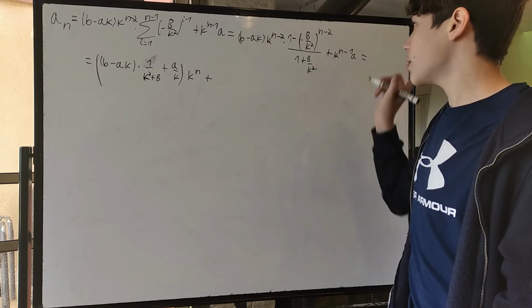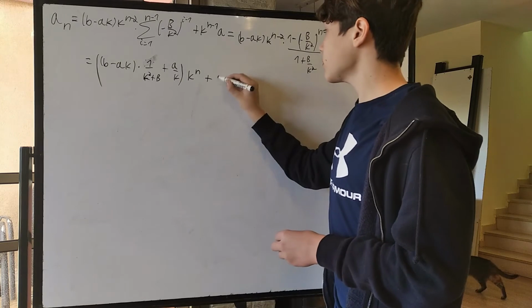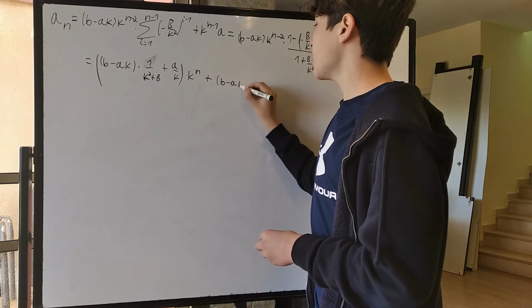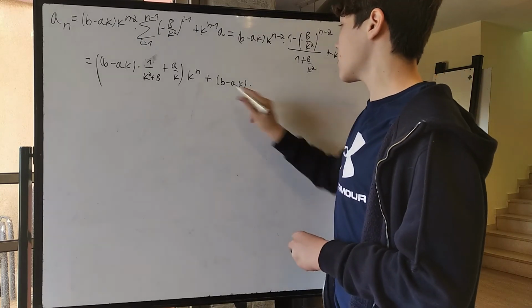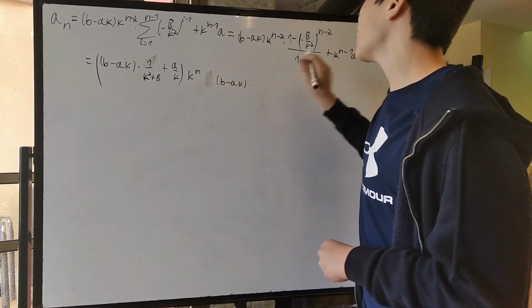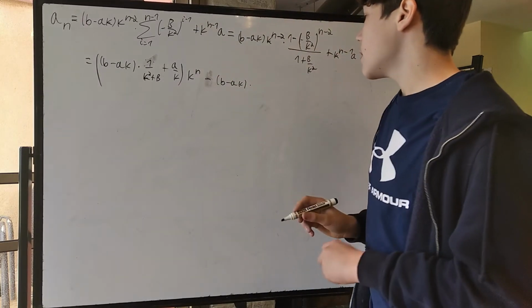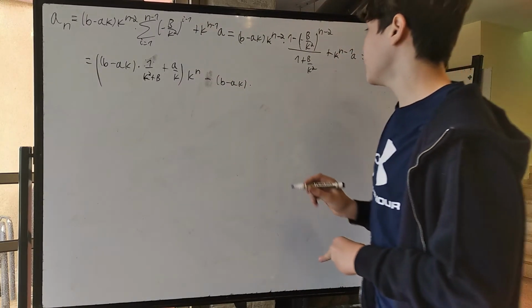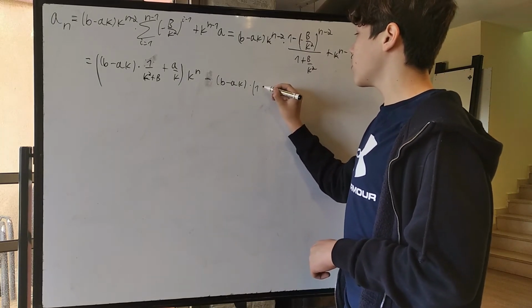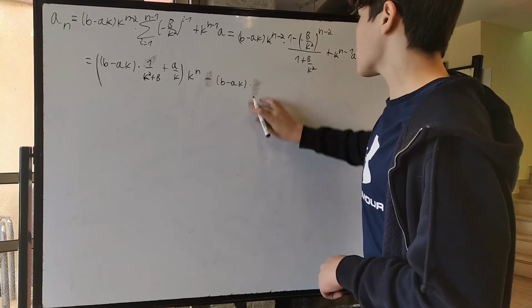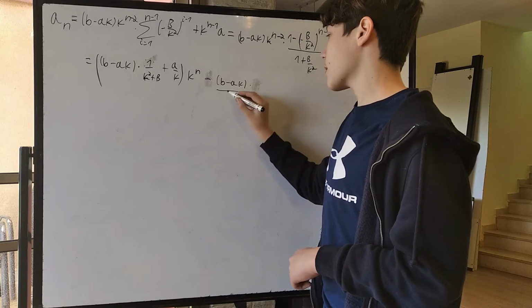And the coefficient of negative b over k squared is b minus ak times, I'll actually put down a minus because there's a minus here. So minus b minus ak times 1 over 1 plus b over k squared.